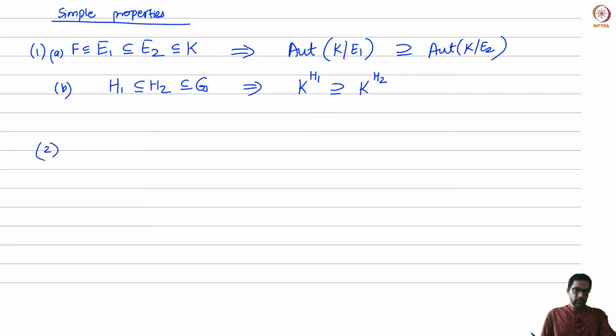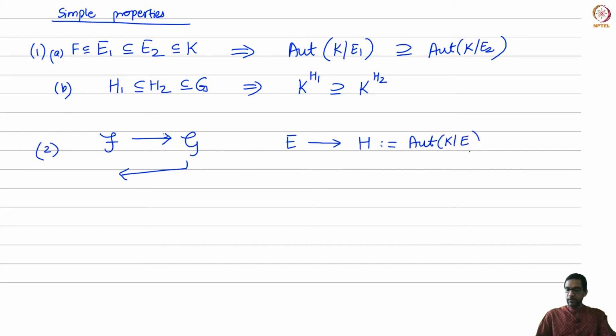Property 2 is what happens if you compose these maps. So if I take script F, first go to script G and then come back to script F, what does this mean? I start with the intermediate field E, I look at the subgroup H, which is all automorphisms of K which are identity on E. Then I come back and take the fixed field of H. The question is, what's the relationship between E and K^H in general?